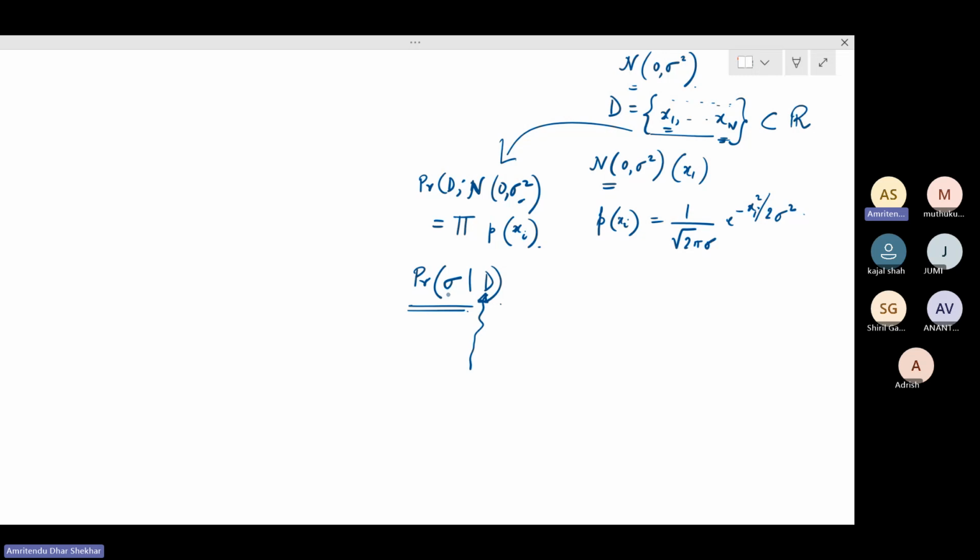This D is itself an event, and the choice of sigma, you can think of sigma as being a random variable. So you can ask what is the probability that sigma is the appropriate one, or rather, let us ask this question: what is this quantity?